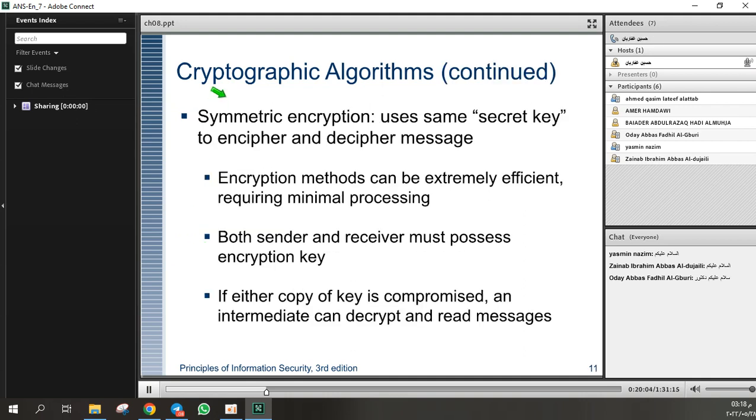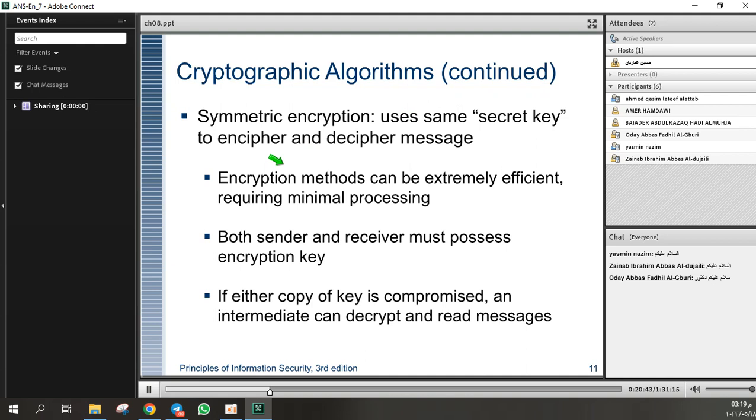When we say my algorithm is a symmetric encryption method, it means that both sides of the connection are using a shared secret key, the same key, for encryption and decryption.